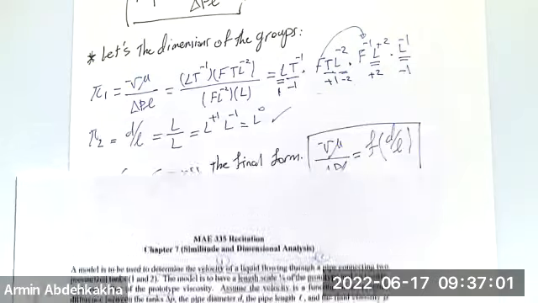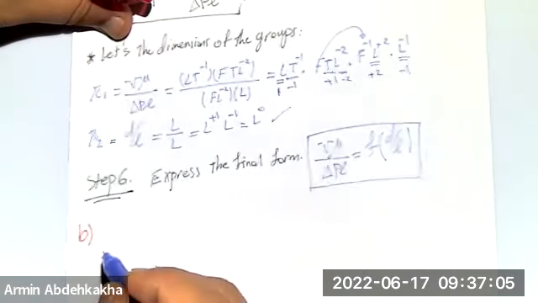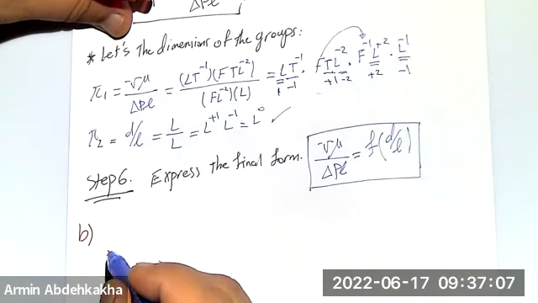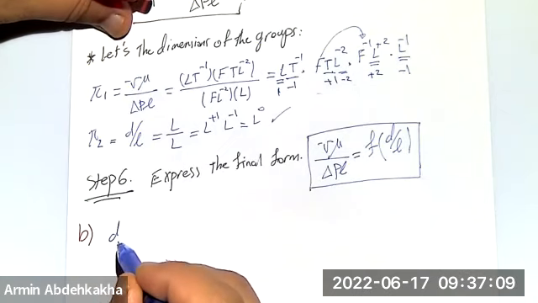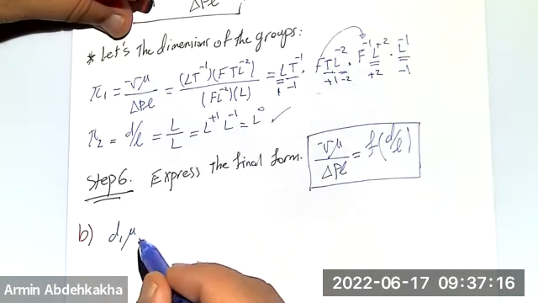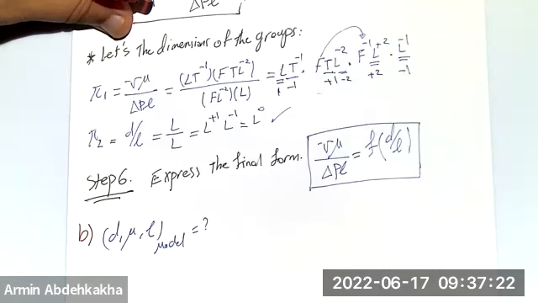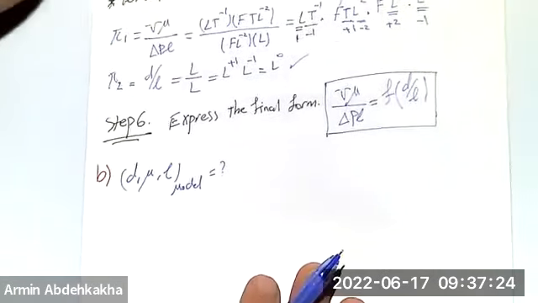You're doing the experiment on the prototype. So at first, it asks what is the D, that's the diameter, mu, and L of your model.